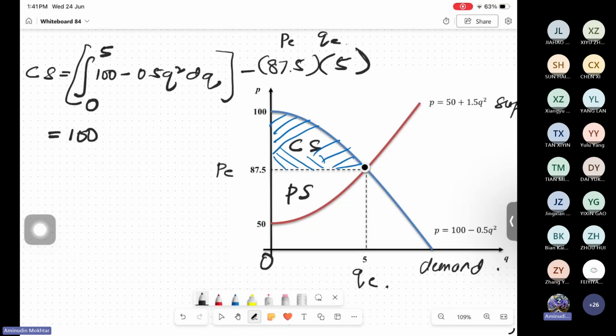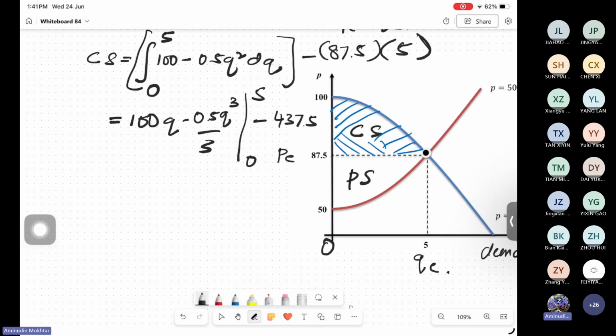This is equal to 100q minus 0.5q to the power of 3 divided by 3, from 0 to 5, minus PE times QE, which is 437.5.